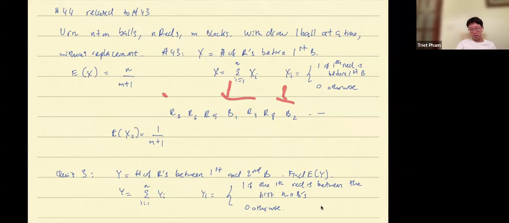You remove one ball at a time, and basically the black is a marker, and you count the number of, let's say, reds in between these markers. And if you think about it, first of all, these are not independent. For example, I'm not trying to say X and Y are independent. If you have a lot of reds before the first black, clearly there cannot be too much red left in between the first and second black, right?